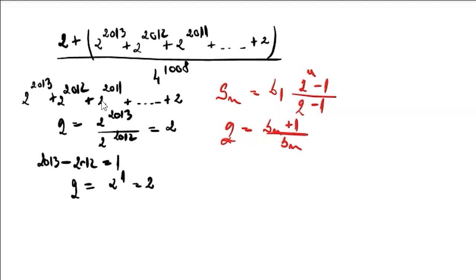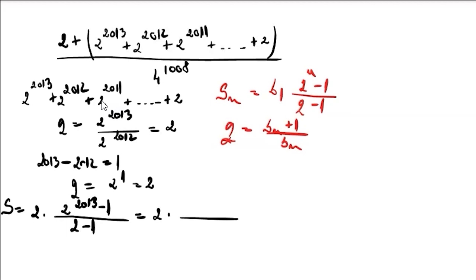In this way, the sum becomes S equals 2 multiplied with (2^2013 - 1) over (2 - 1), which equals 2 multiplied with (2^2013 - 1) over 1, which equals 2 multiplied with 2^2013 minus 2 multiplied with 1, which equals 2^2014 minus 2.